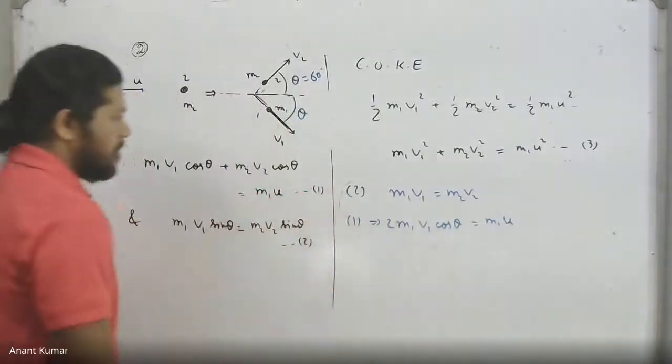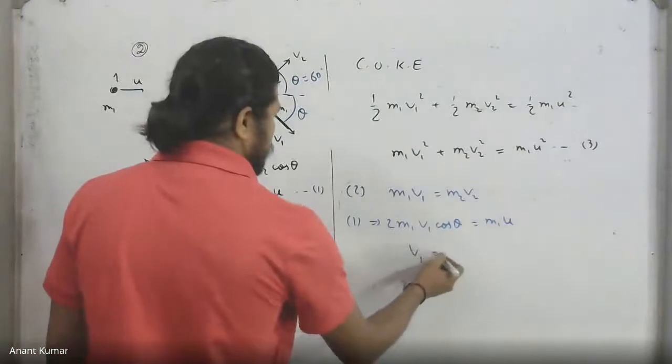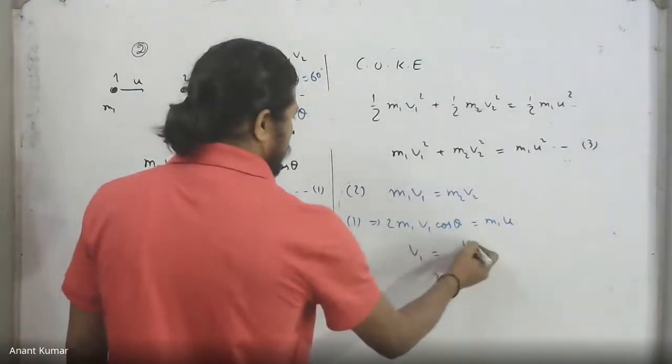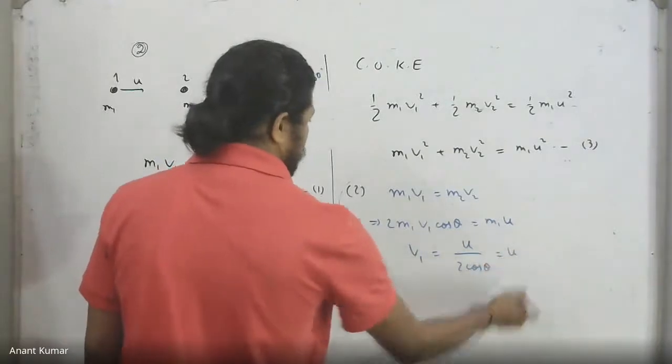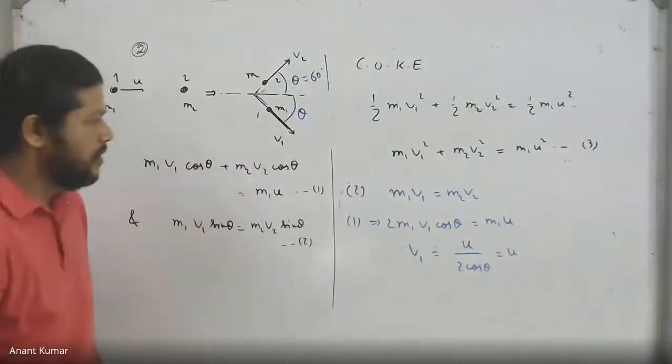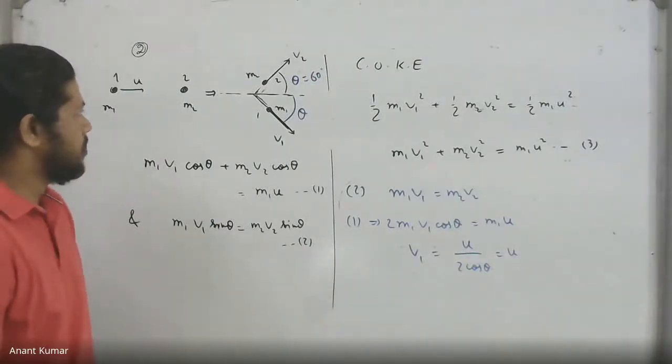So m1 cancels out. v1 is known, therefore v1 is turning out to be u by 2 cos theta, which is the same thing as u. Interesting, because cos theta is half, so I get v1 to be exactly equal to u. That is quite interesting.